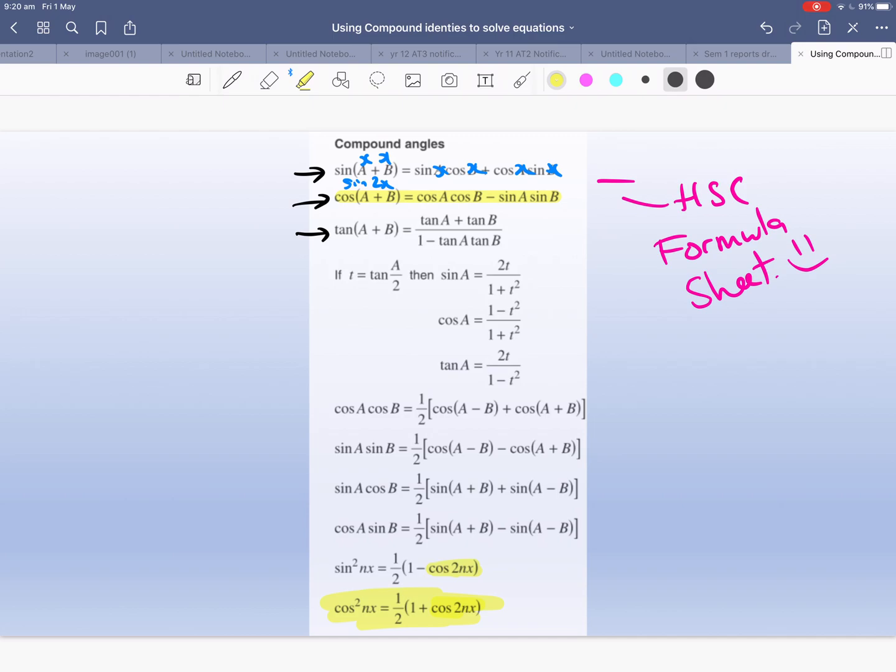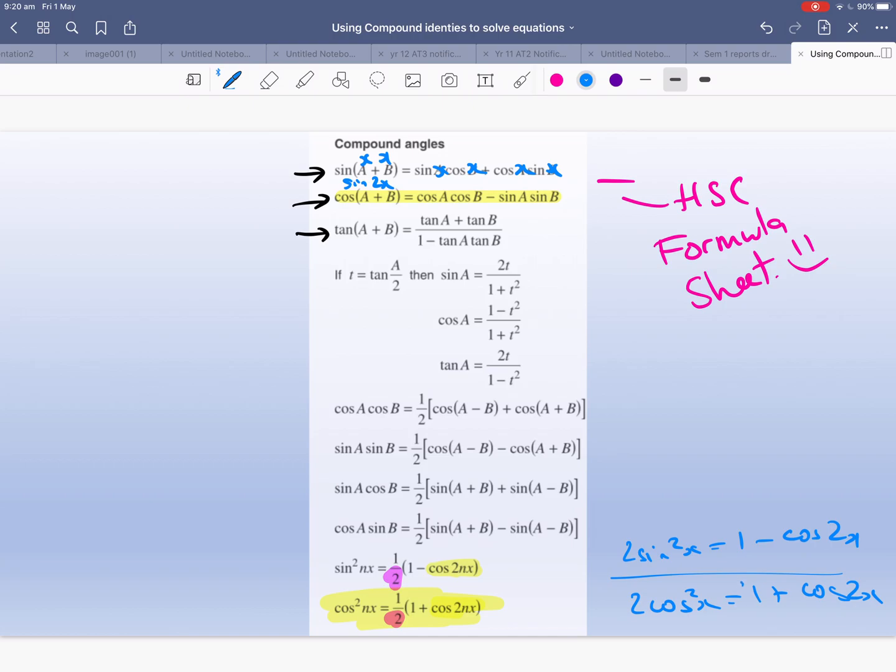So if I multiply both sides by 2, I get rid of the 2 at the bottom, and the 2 moves over here, so I end up getting 2 sine squared x equals 1 minus cos 2x. And this next one down the bottom, I'm going to get 2 cos squared x is equal to 1 plus cos 2x, all right?